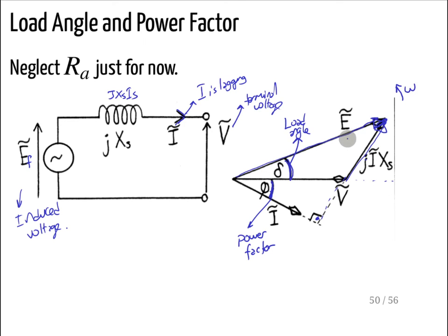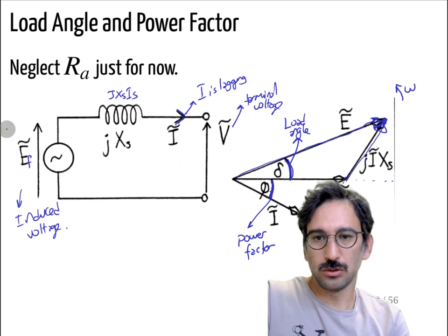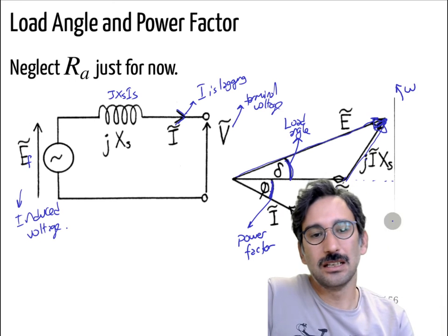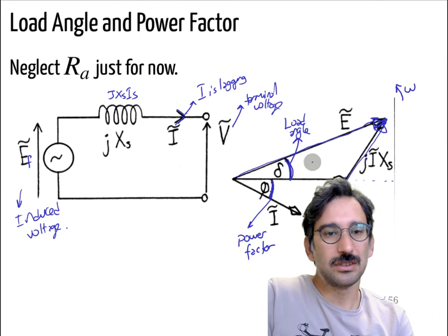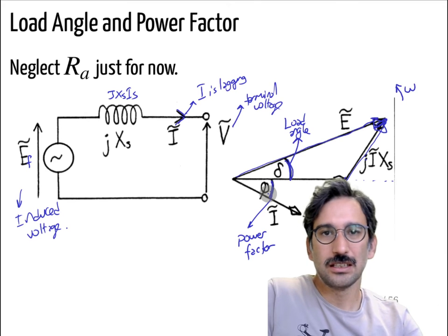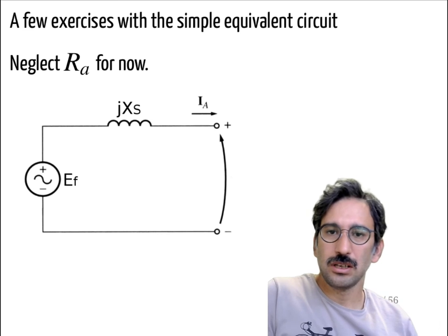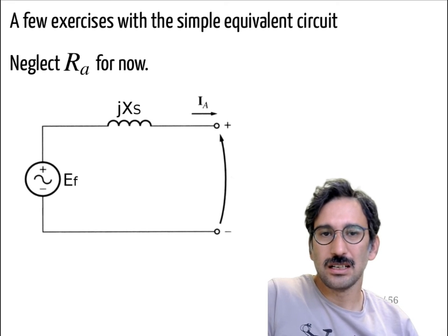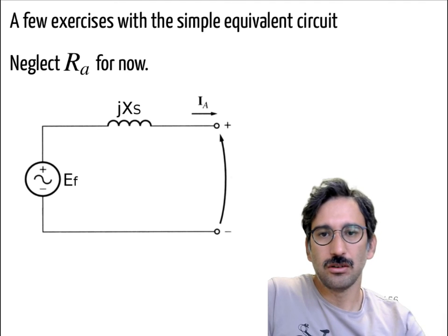In this case E is ahead of the terminal voltage, as if our E, or the rotor, is pulling the electrical system. You can see from here the power flow is like that, so it is working in the generating mode of operation. Let's do a couple of exercises with the simple equivalent circuit, and I hope it will all be clear.